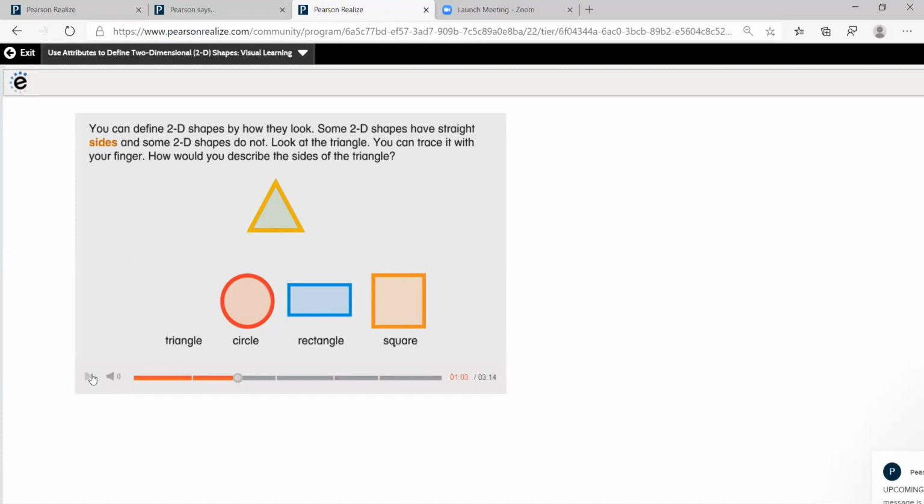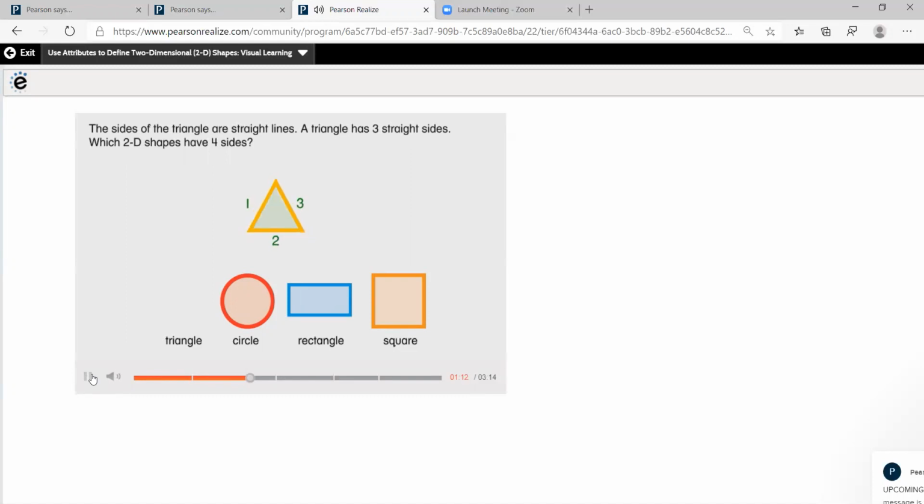Are they straight? The sides of the triangle are straight lines. A triangle has three straight sides.